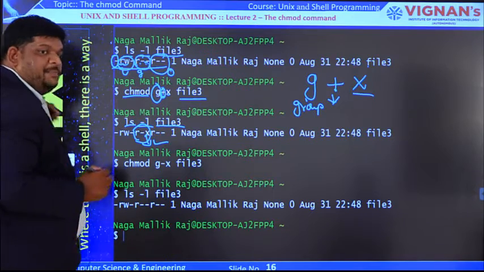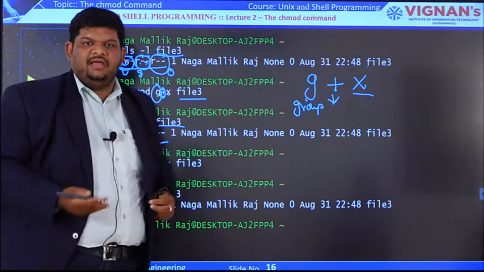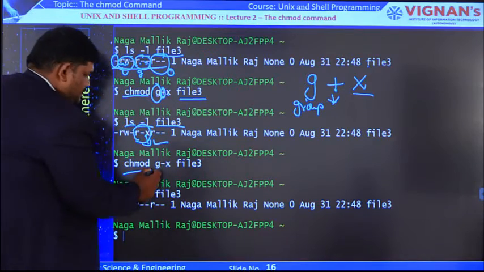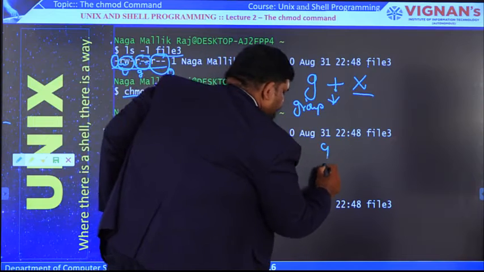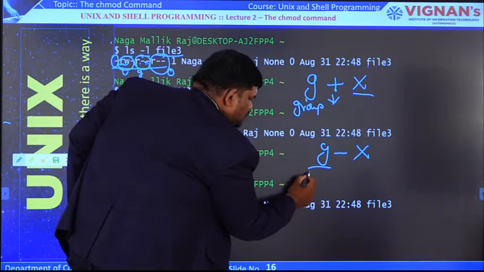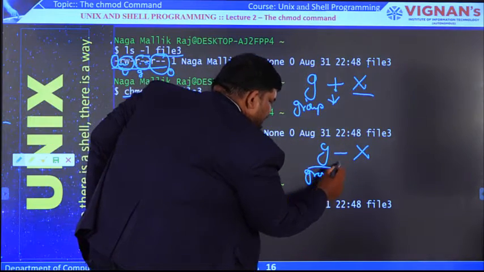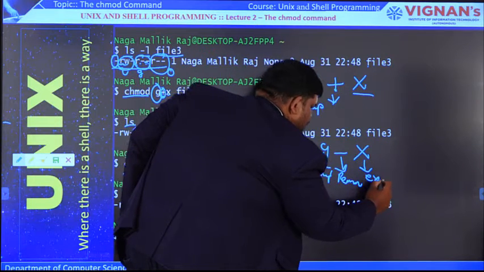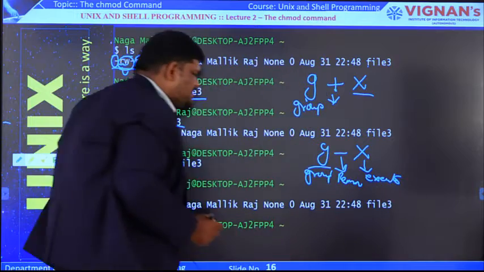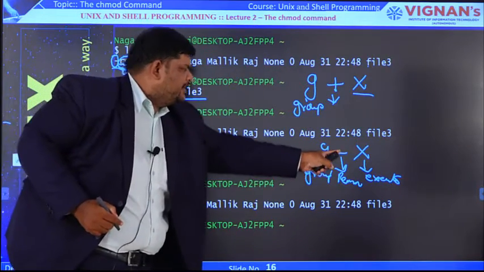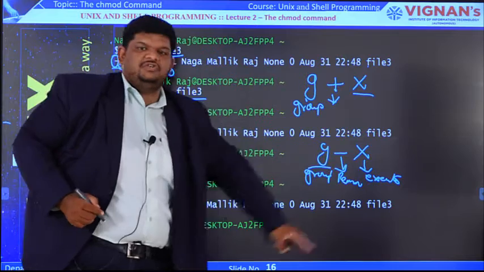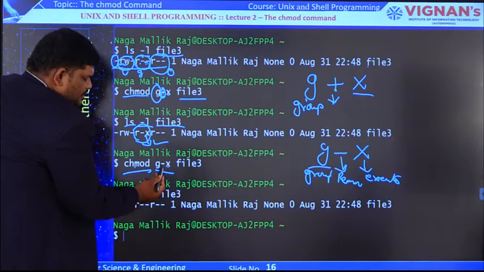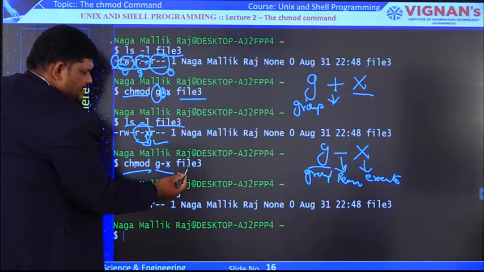Now the minus operator means removing the existing permissions. Now the change mode command, g minus x. This indicates group, minus indicates remove, x indicates execute. That means for the group we are removing the execute permission for this file, file 3.